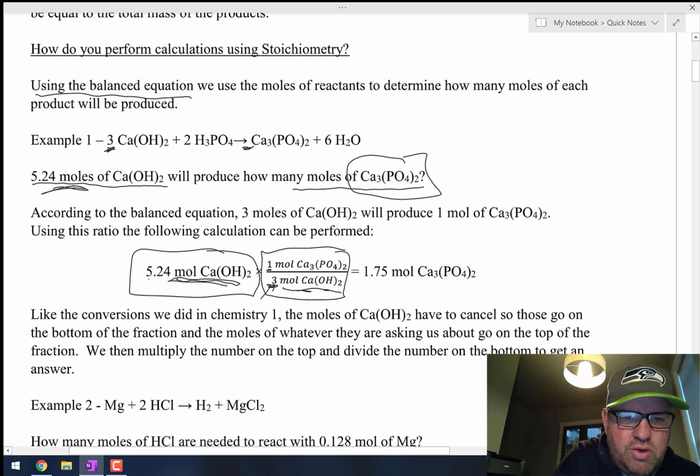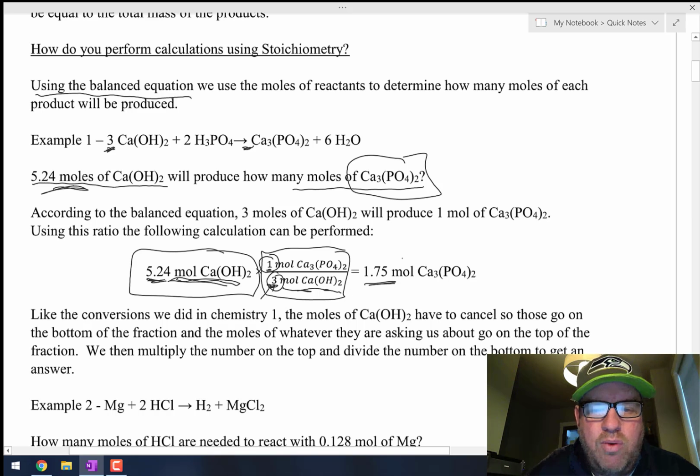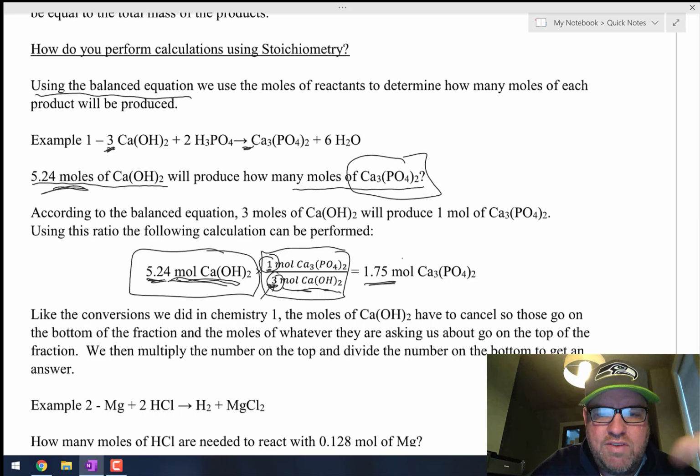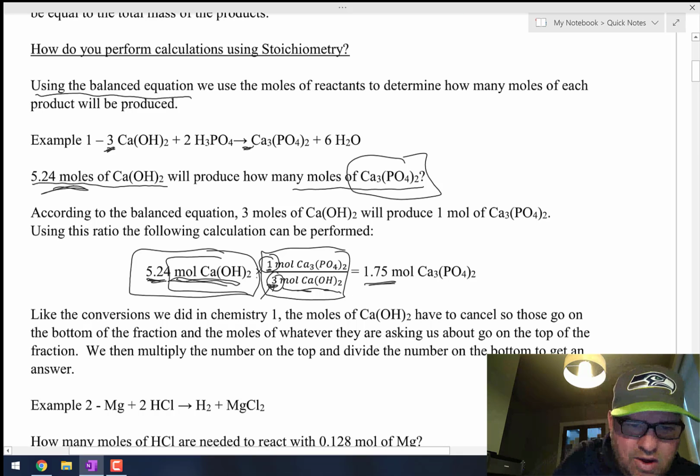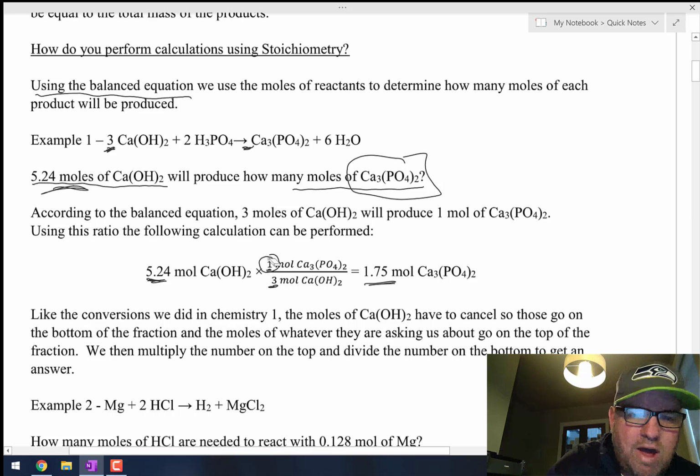And then we take 5.24, multiply by 1, divide by 3, and get an answer of 1.75. Now notice, like those conversions we did in Chemistry 1, the moles of calcium hydroxide have to cancel, so they must go on the bottom of the fraction.